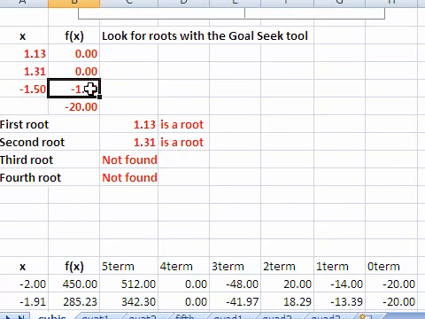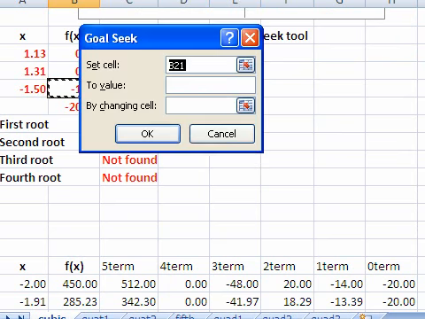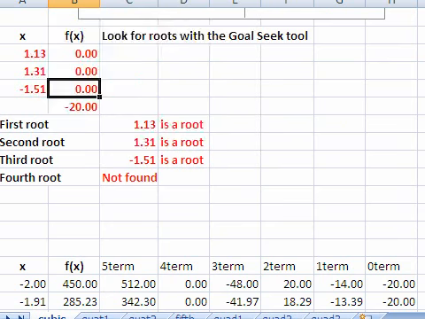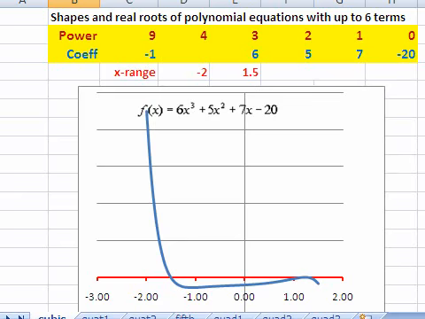It's not 0, so minus 1.5 is not the root. We're going to have to use goal seek. Set f of x to 0 by changing x. The root is minus 1.51. So these are the three roots of this equation.